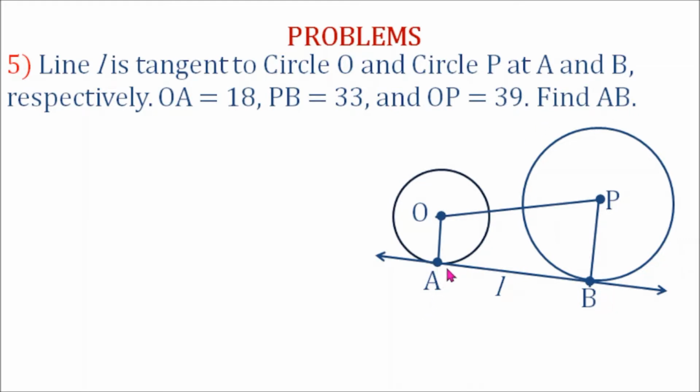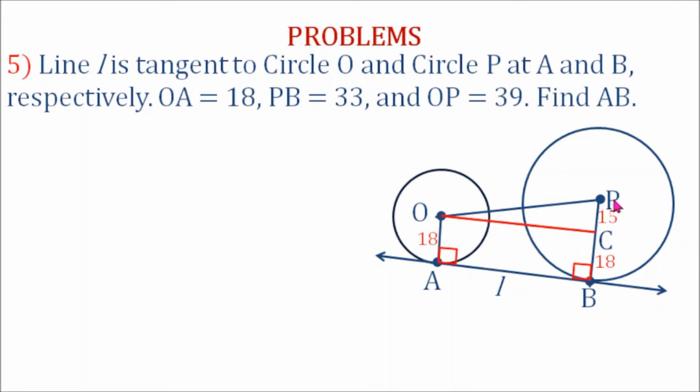We have two right angles here, and we can draw a line segment from the center of circle O to a point on line segment PB to form a rectangle. And we can name this endpoint here as point C. So OA equals 18, so this means CB also equals 18. And PB equals 33, so this means PC equals 15.